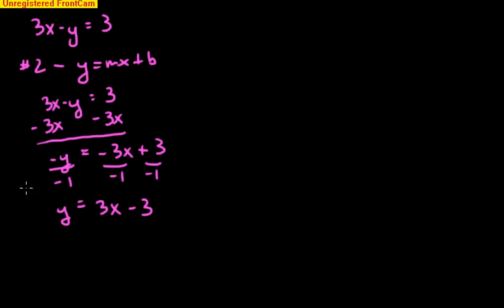There's our equation. We should be able to identify the y-intercept is 0, negative 3. This is the b, remember? B is the y-intercept. And then our slope is 3 over 1. Got to make it a fraction. All right? So let's see what happens when I graph this one. I'll use yellow again.